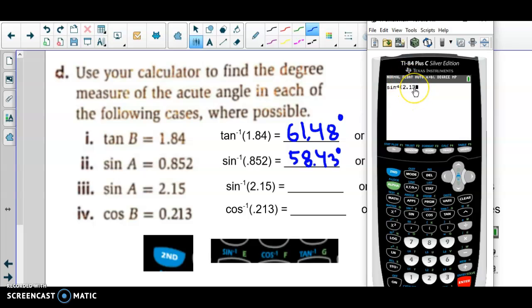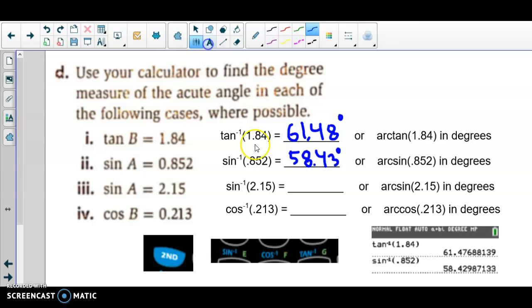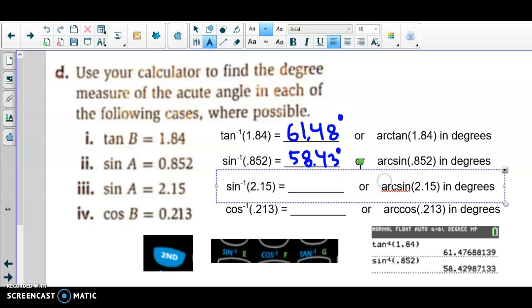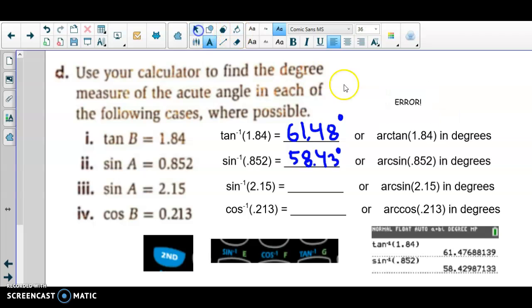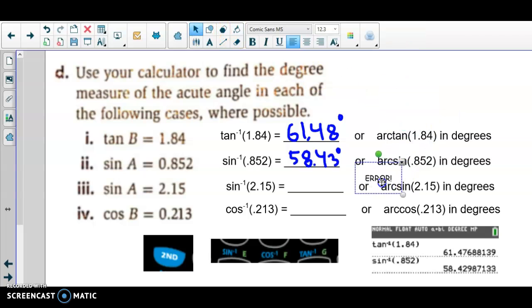Error, E-R-R-O-R. We get an error, and that's because that's too large of a ratio for sine. So this is actually no answer or undefined. Undefined or no answer. Okay?